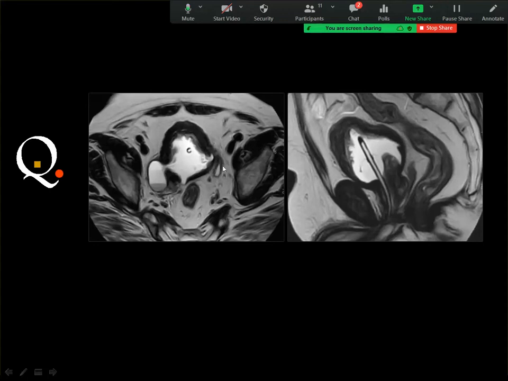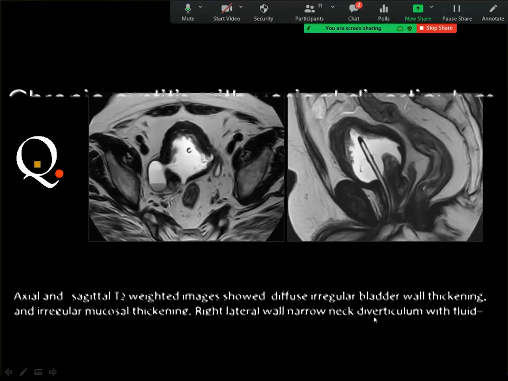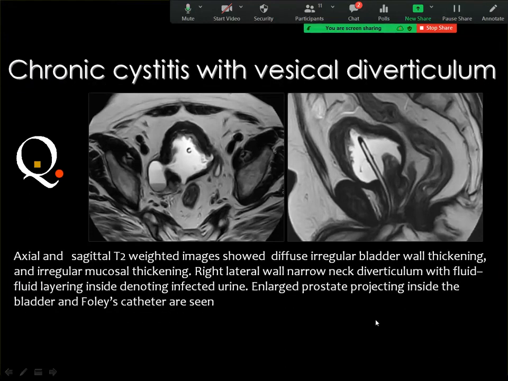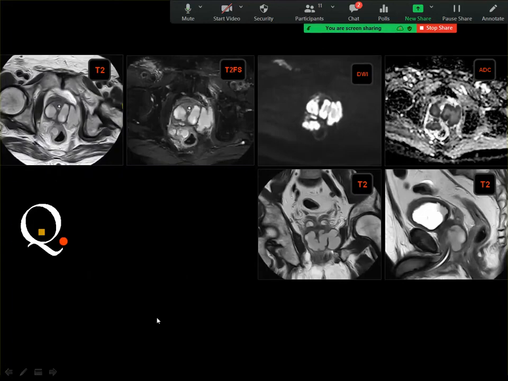And this is just chronic cystitis with a bladder diverticulum and some debris inside the diverticulum, not a transitional cell carcinoma. Then we have this case of the MRI of the pelvis, and this is T2 and T2 fat sat, diffusion, ADC, T2 coronal, T2 sagittal.